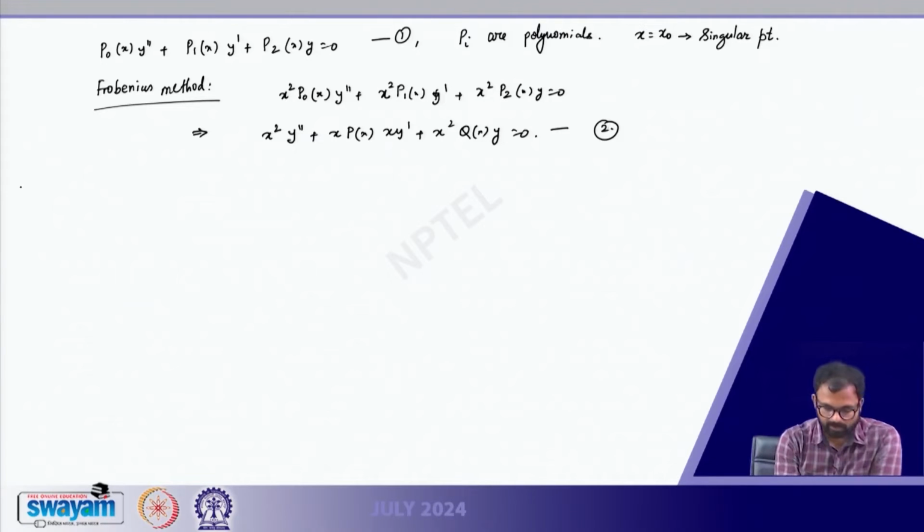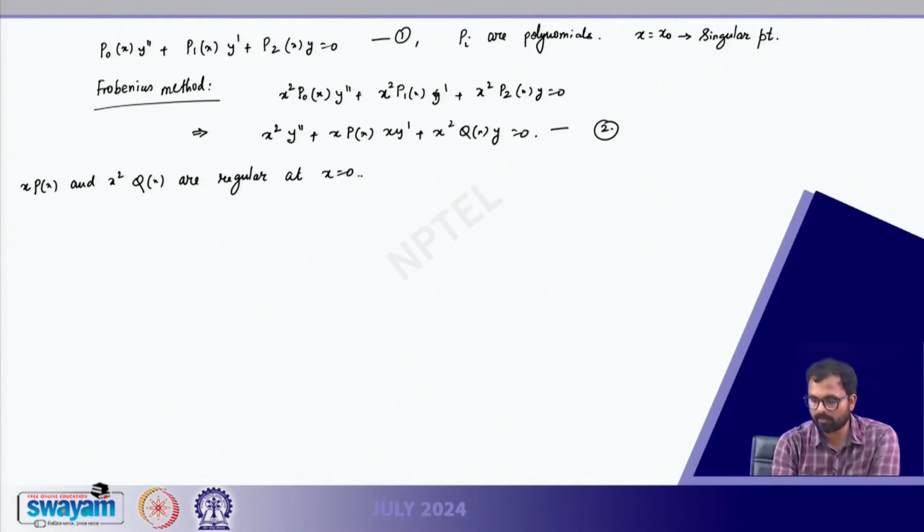So, obviously, x into capital P x and x square into capital Q x are regular at x equals to 0. They are both regular at x equals to 0.